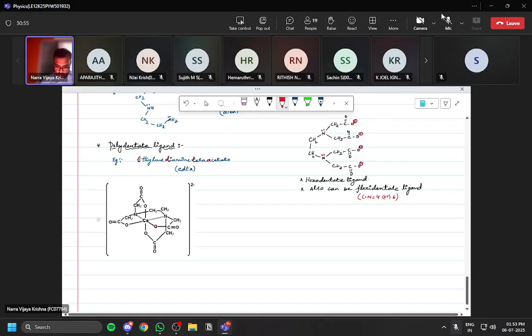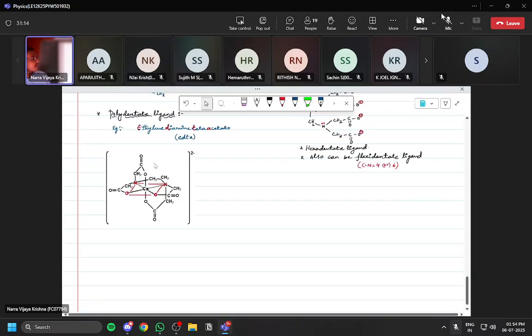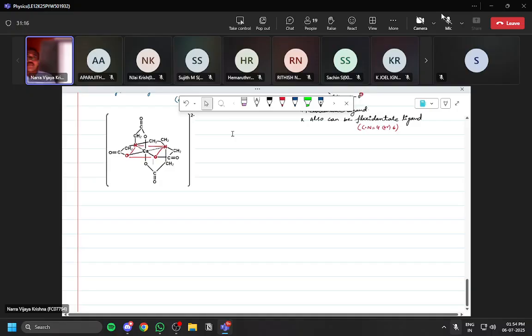This oxygen donates a lone pair of electrons, this nitrogen, and this oxygen. This forms one square. Correct? It is forming an octahedral complex. Now this oxygen is above the plane, below the plane. Is it an octahedral complex or not? So you are getting a ring here.